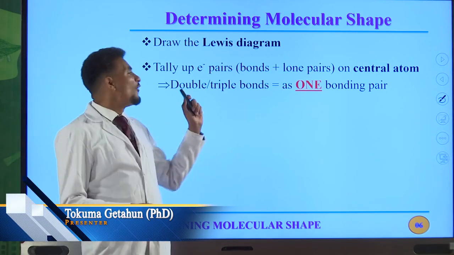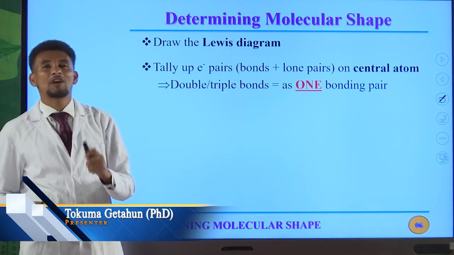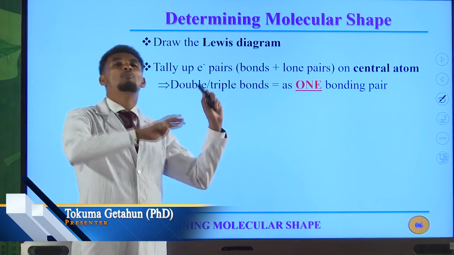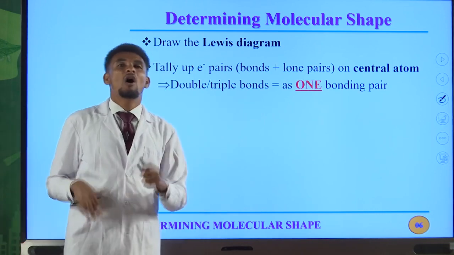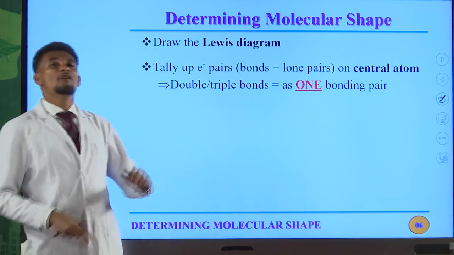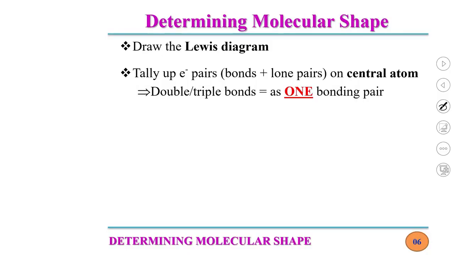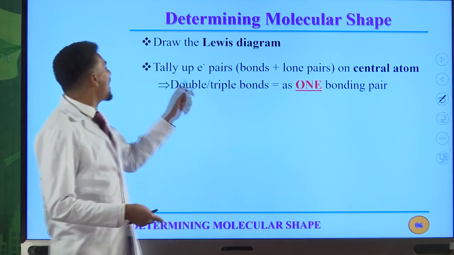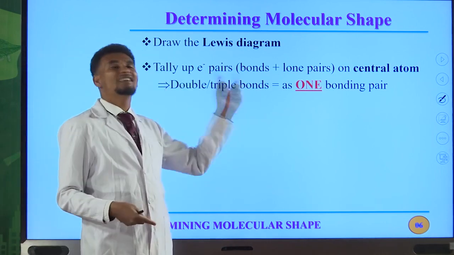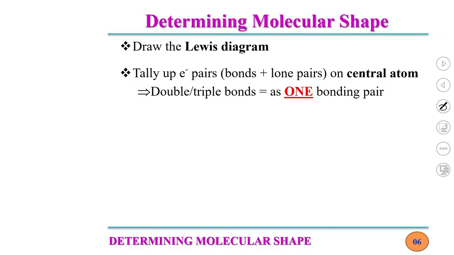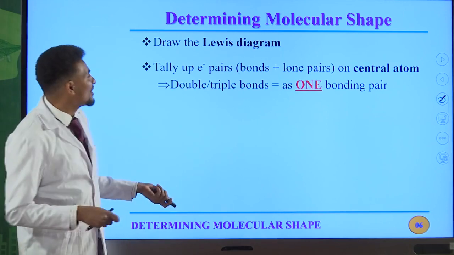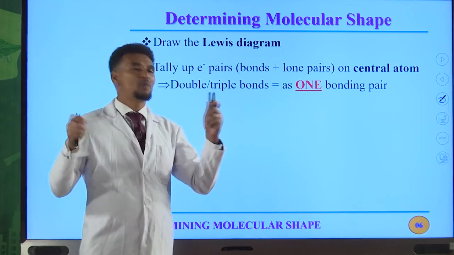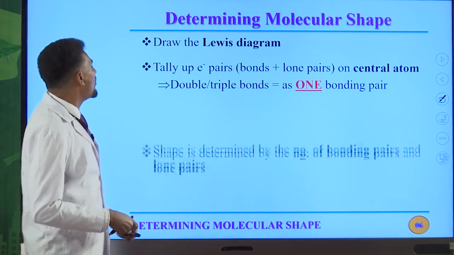However, it provides no information about the bond lengths or the presence of multiple bonds. So this is a limitation of VSEPR theory. All the time, count double bonds and triple bonds as one area of electron density. So this is your second step to predict the shapes of the molecule.